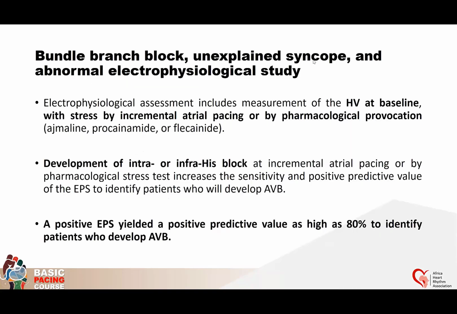And by measuring this HV at baseline and with stress by incremental atrial pacing or by pharmacological provocation, the development of intra or infrahisian block has a positive predictive value of up to 80% to identify patients who develop AV block and explain their symptoms.